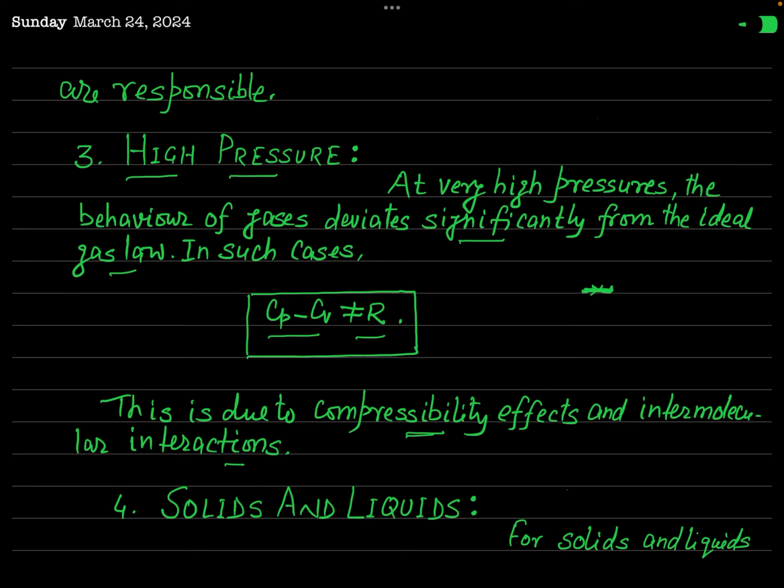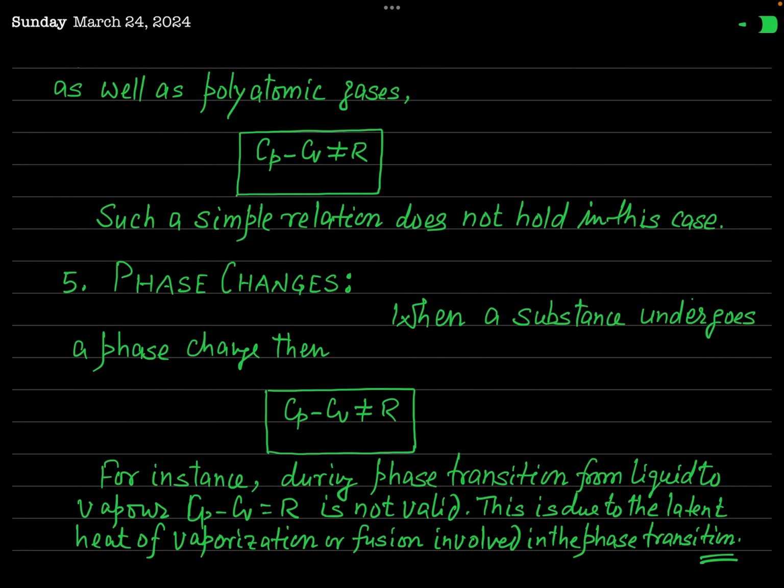The fourth most important example in which this relation does not hold is the example of solids and liquids. Actually, in case of solids and liquids, the behavior of the system is very different from the behavior of monatomic ideal gas.